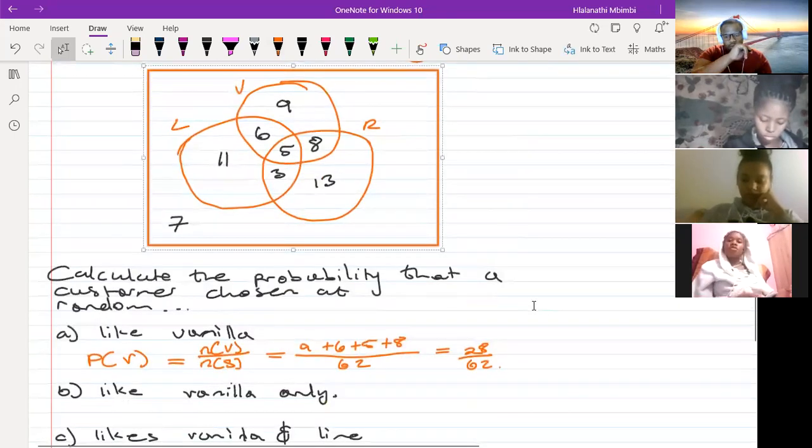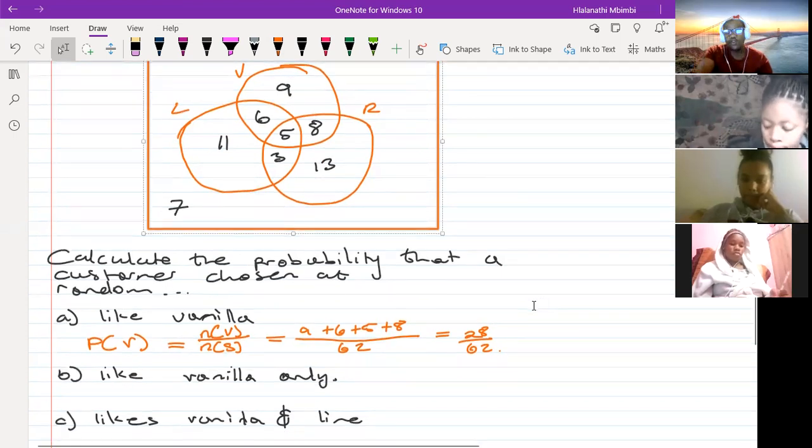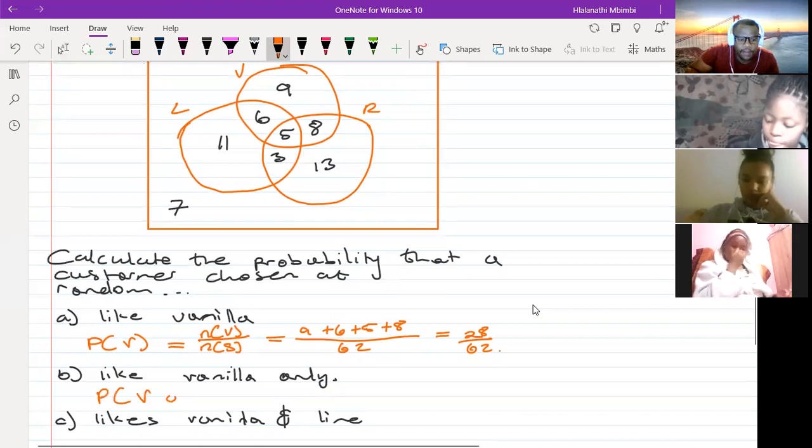So I thought your question was for people who like vanilla only. That's B, and that's what I wrote. Then we can look at the people who like vanilla only. You guys can do that one, I'll just confirm if the answer is correct. It's also very nice to write it properly. Here, you're looking at the probability that people like vanilla only.